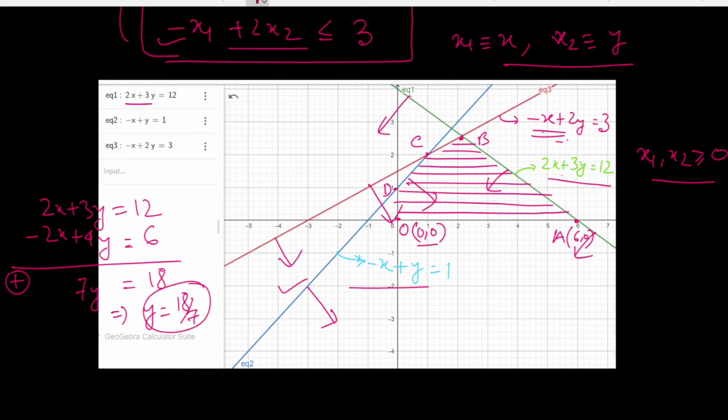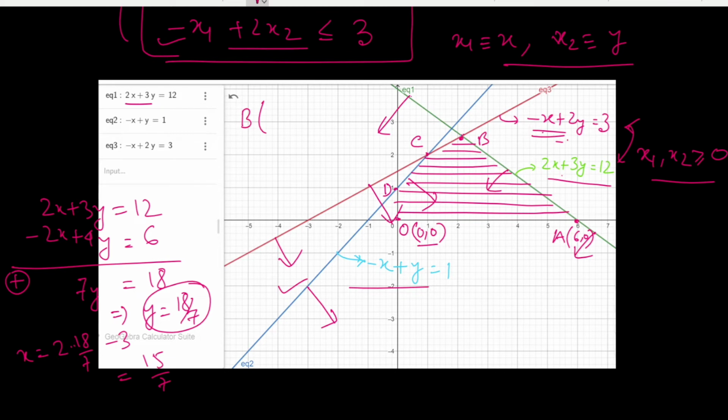By putting the value of y equal to 18 upon 7 in any of these equations, we get x equal to (2 into 18 by 7 minus 3), which gives (36 minus 21) upon 7, that means 15 upon 7.